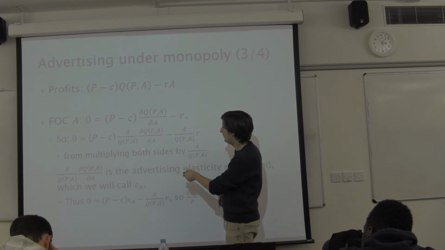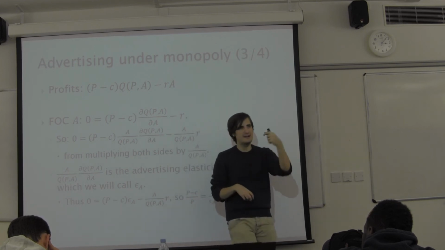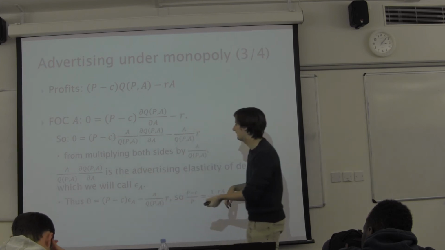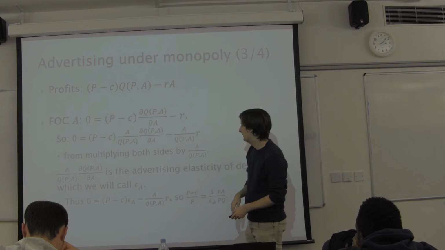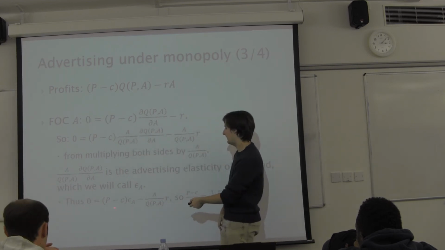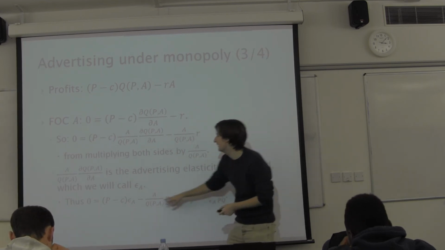This thing we call the advertising elasticity of demand: the percentage increase in demand that results from a percentage increase in advertising. We're going to call that epsilon A. Plugging epsilon A in here, this says price minus cost times epsilon A minus this thing is equal to 0.